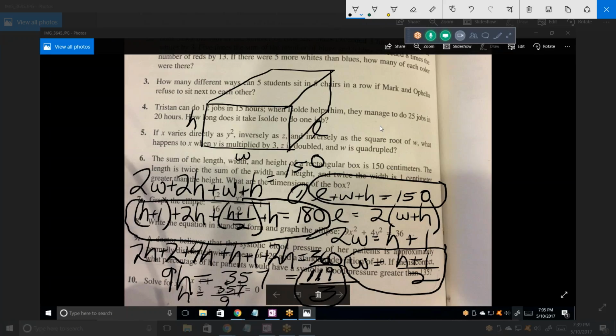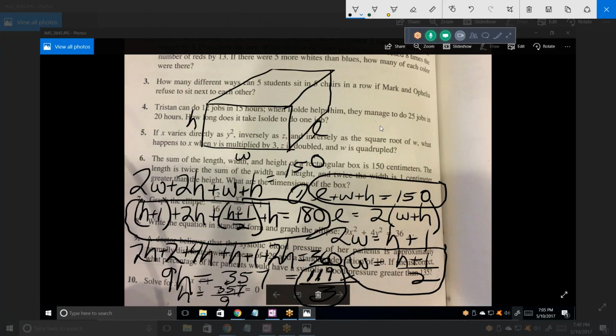Now, the only thing I'm not liking here is the fact that we didn't come up with an integer. That's a little problematic because these equations are complicated enough that if H is this fraction, I've got to do H plus 1 over 2.